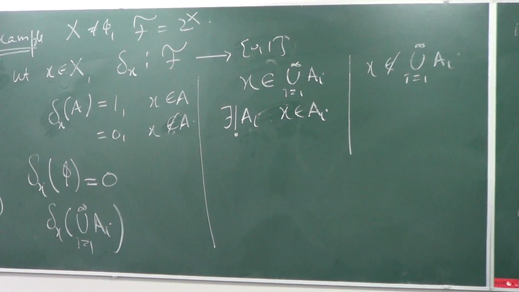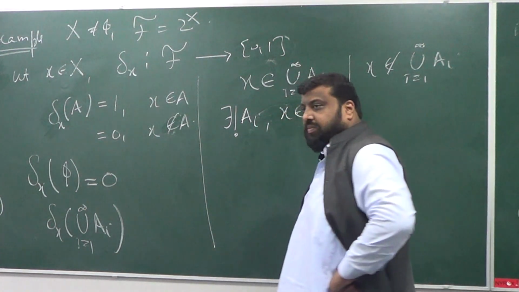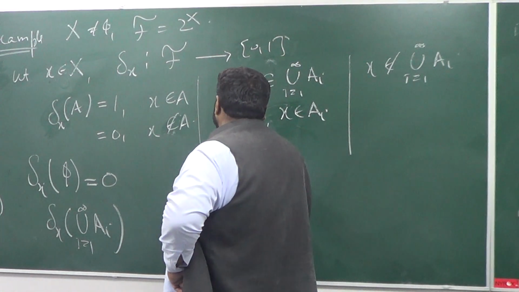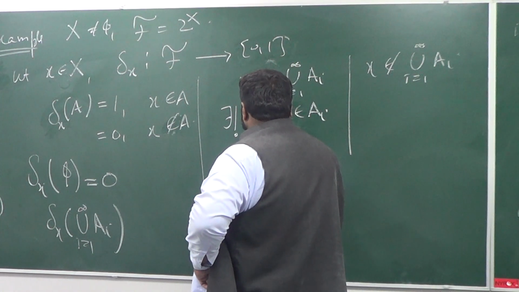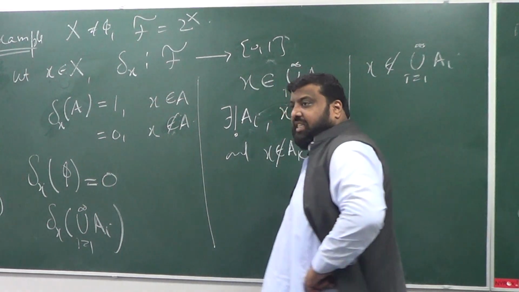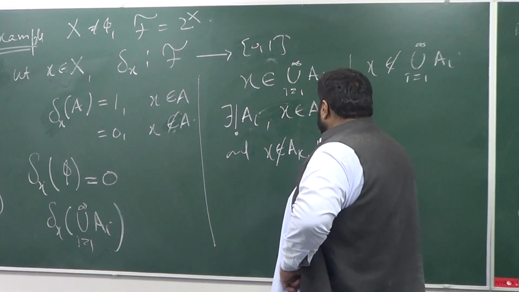So there exists a unique Ai such that x belongs to Ai, and x does not belong to Ak when k is different from this fixed star.